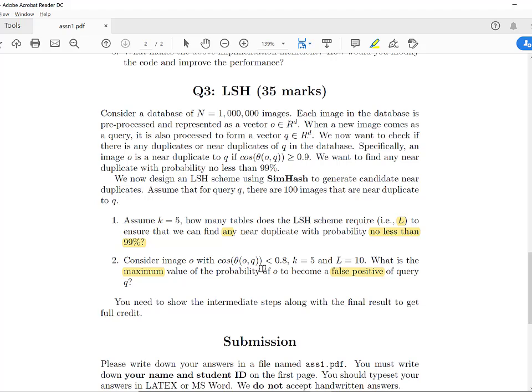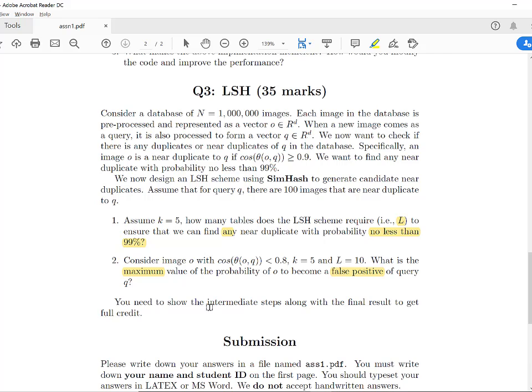Since the cosine theta for image O is smaller than 0.8, as long as O is returned, it is a false positive. I've seen some discussions in Piazza that make this question complicated, which you might not have to do. These two questions are not that complicated.